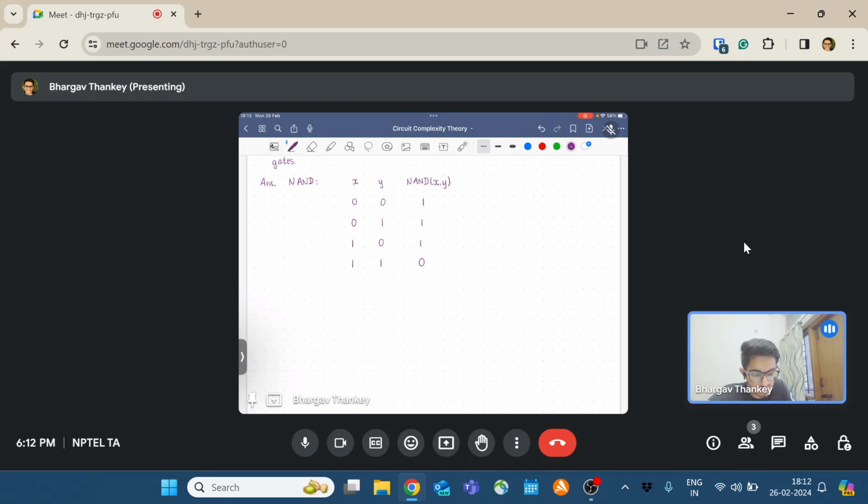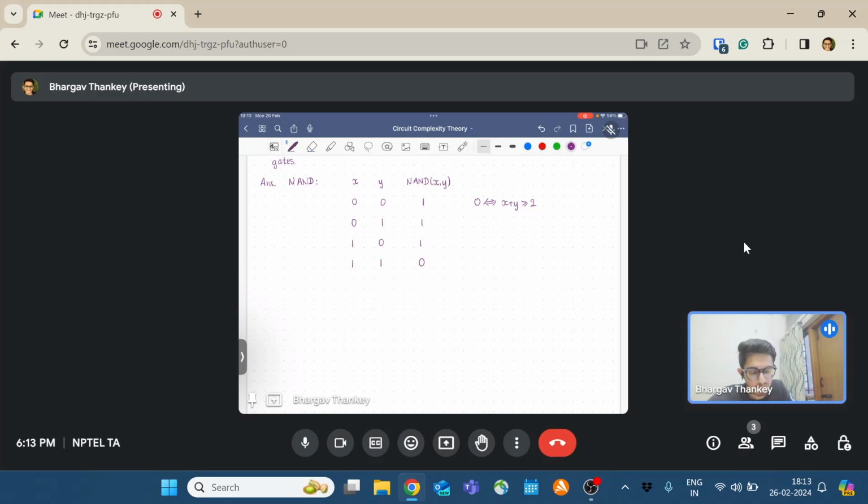So we can write: NAND is 0 if and only if x plus y is greater than or equal to 2. Wait, what do we want?